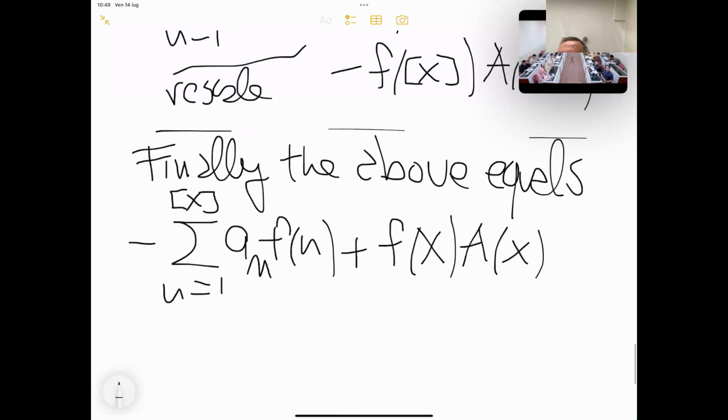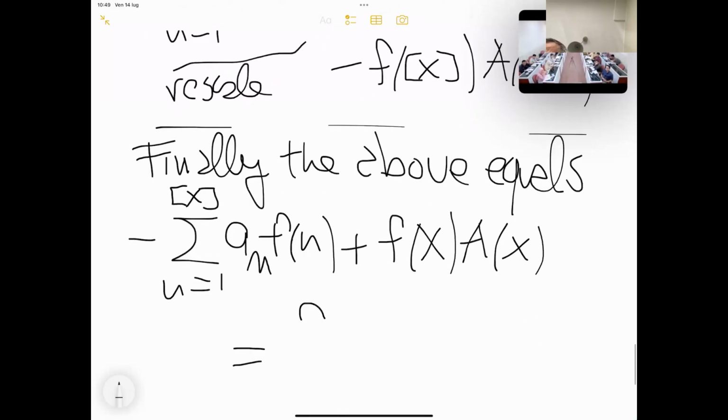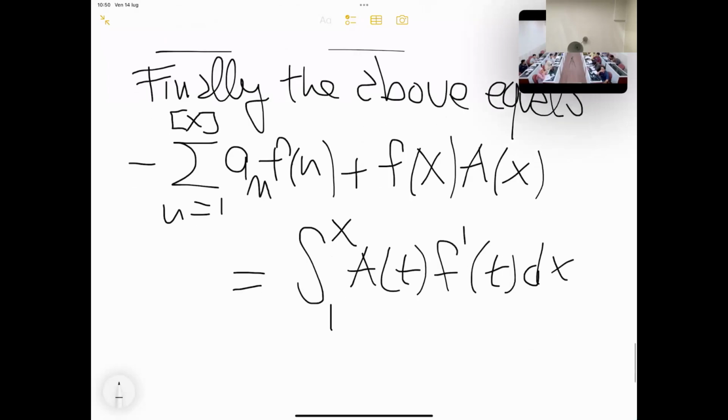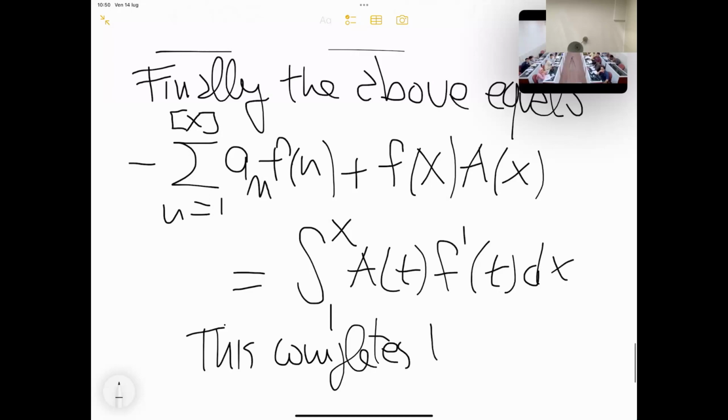So we arrived here starting from the integral between 1 and x of a of t f prime of t dt. So if you change sign and bring f of x, a of x on the other side, this completes the partial summation formula proof.